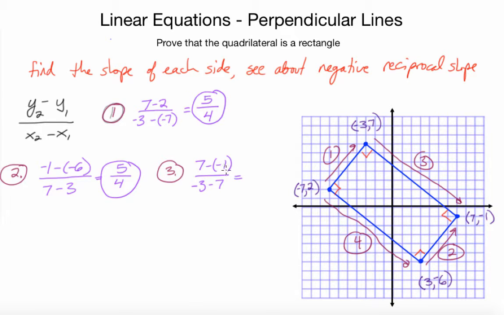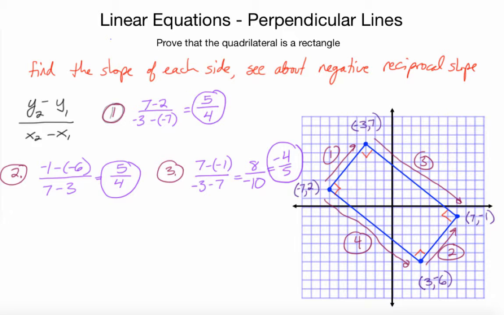So 7 minus -1 turns into 7 plus 1, and that gives 8. And -3 minus 7 is -10. If I simplify that, 8 over -10 reduces down into -4/5. Run out of room there a little bit. But there we go. We got the slope of that line.